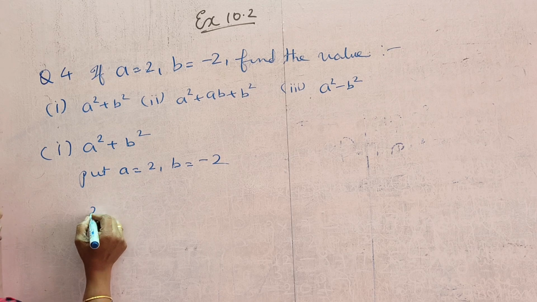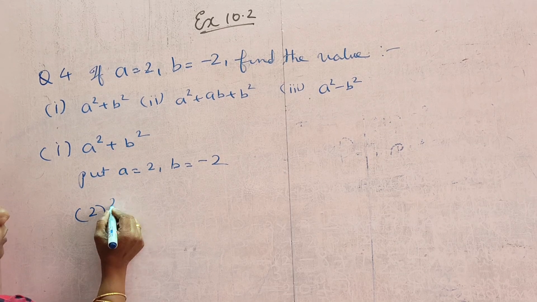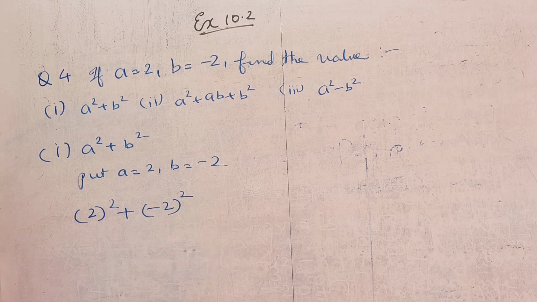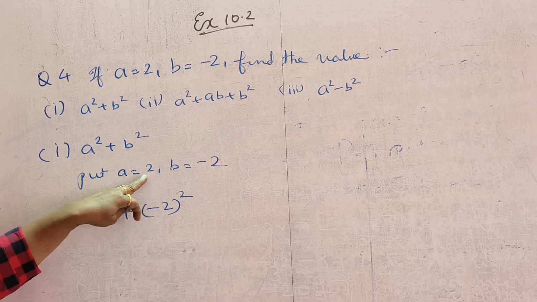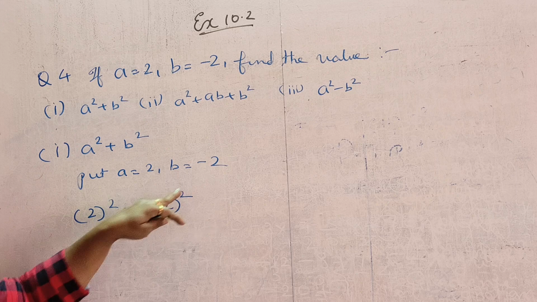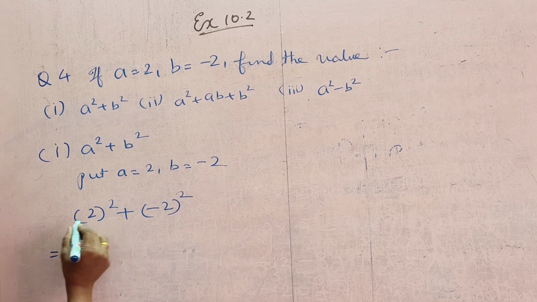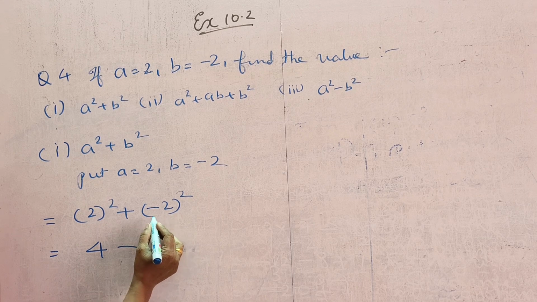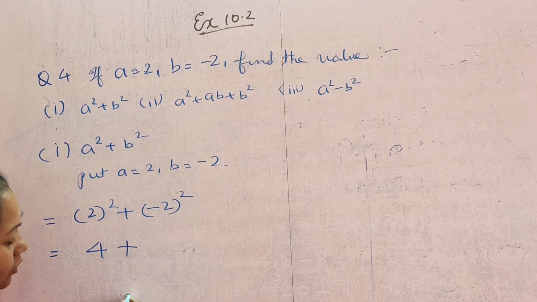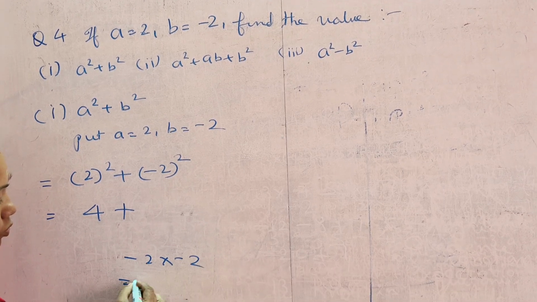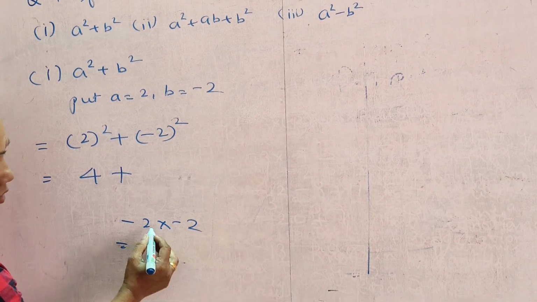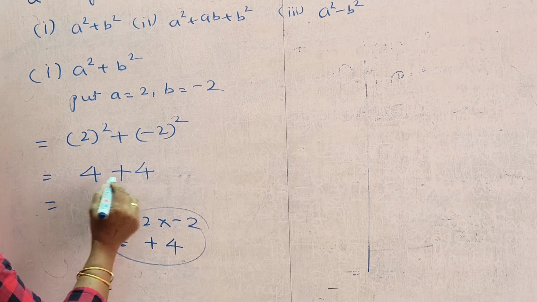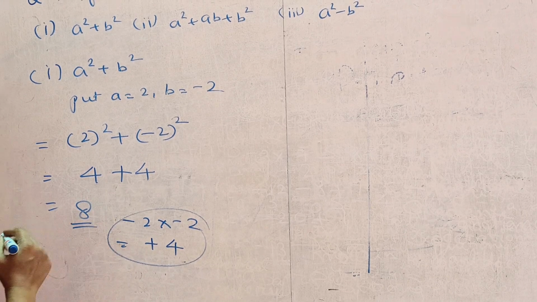So a squared means 2 squared, plus b squared means minus 2 squared. That is 2 squared equals 4. 2 twos are 4, plus minus 2 squared means minus 2 into minus 2. Minus into minus plus, 2 twos are 4. So 4 plus 4 is 8.